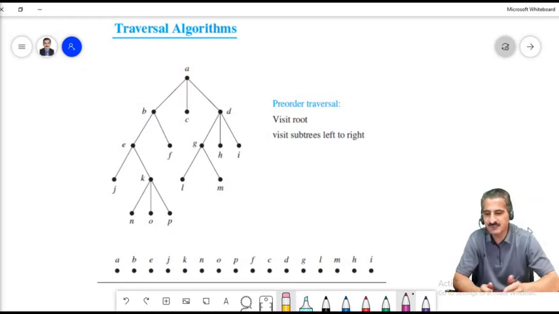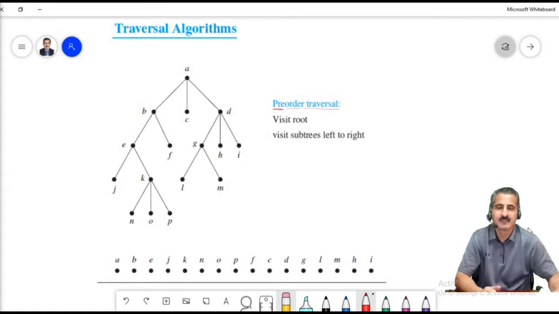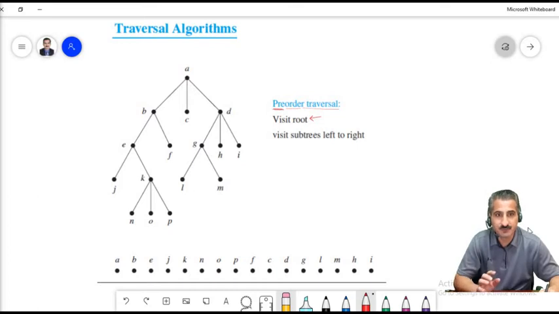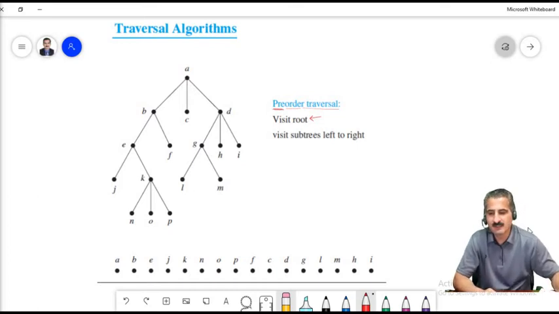The first algorithm is called pre-order traversal, and it is described simply by: visit the root. First you visit the root of a tree, and then visit subtrees left to right.